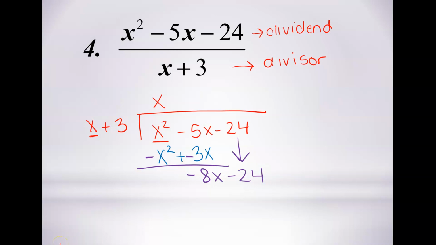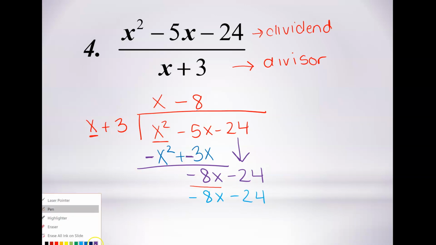So once again, what do I need to multiply x by to get negative 8x? Well, I need a negative 8. So we write the negative 8 up top. Then we do our multiplying. So negative 8 times x is negative 8x. Negative 8 times 3 is negative 24.